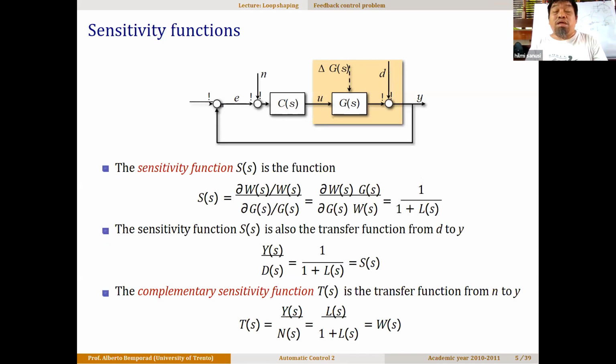So this is actually the closed loop transfer function. So this is the complementary to the sensitivity function. For the sensitivity function, if we plot the frequency response, we will see at what frequency it will be more sensitive.